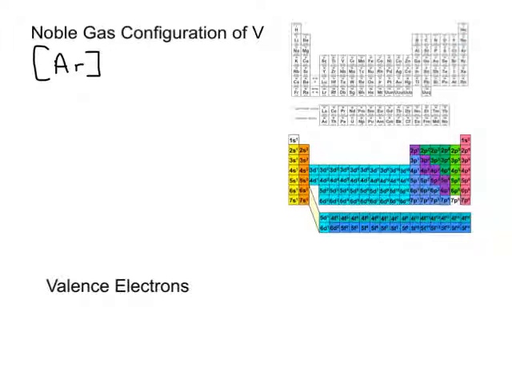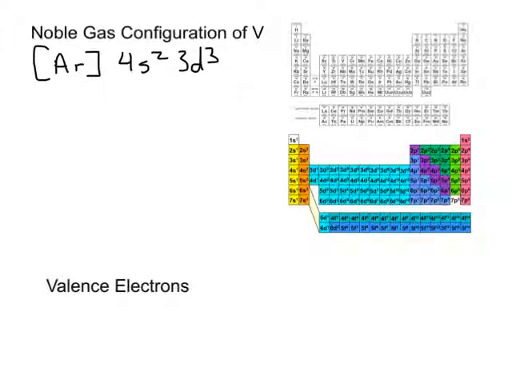So instead of having to write all of that, Ar stands in place for it. And I only have to write the configurations that come after Ar till I get to vanadium. And so that is my 4s and then my 3d. And that's it. So that saved us quite a bit of work.